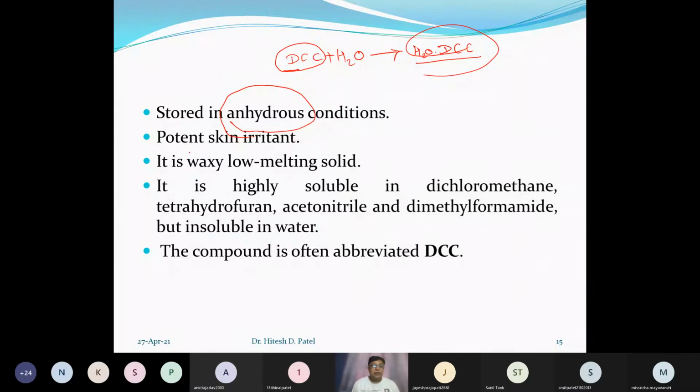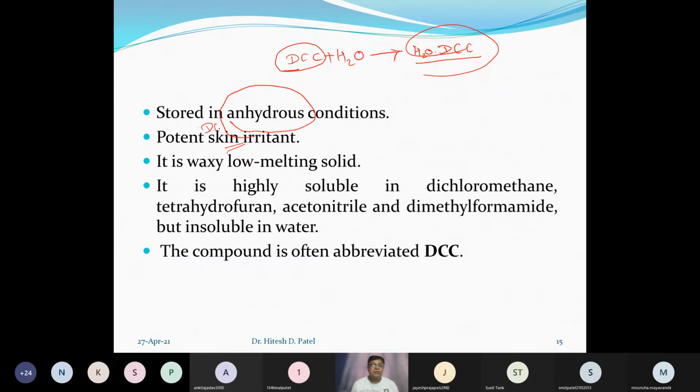Then the second precaution, what kind of precaution do we have to take? This compound has a tendency to absorb water, a dehydrating tendency. That's why when this compound comes in contact with our skin, the skin cells also have moisture. That moisture is trapped or absorbed by DCC.